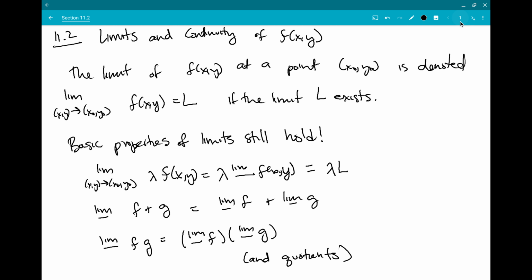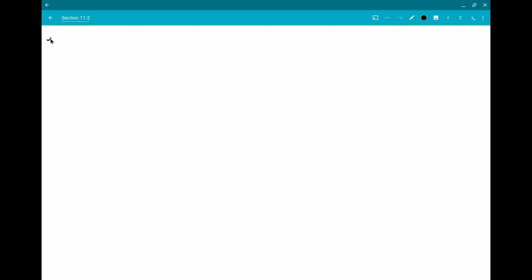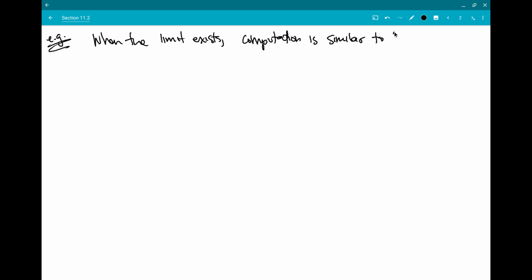Yeah, okay. And taking a limit when the limit exists is going to be pretty much the same as you're used to as well. Actually, I'll write that. So when the limit exists, computation of that limit is similar to when you had some function y equal to f of x and tried to take a limit of that.